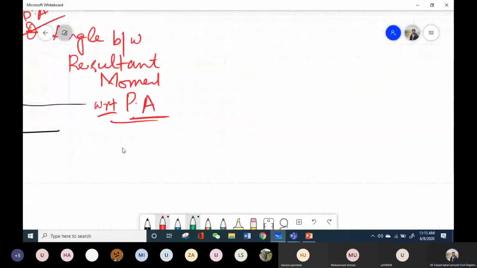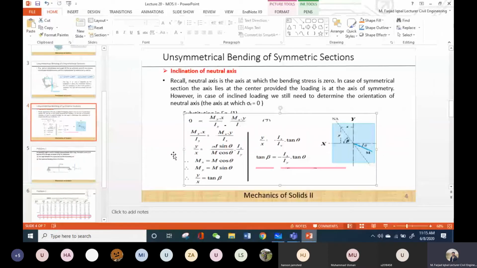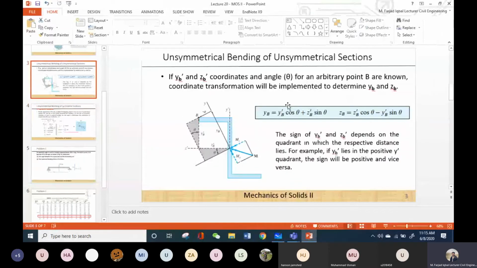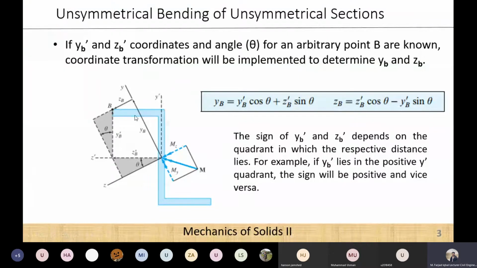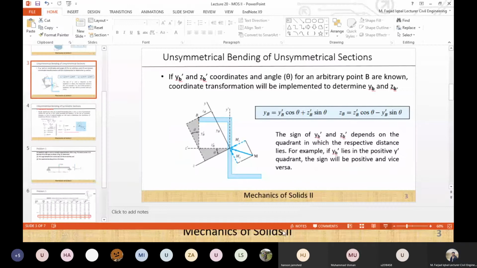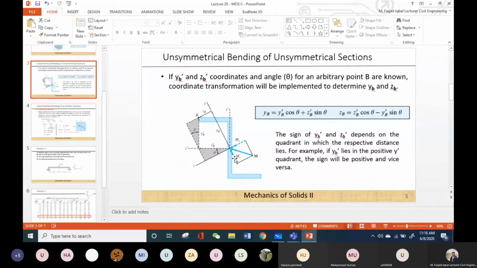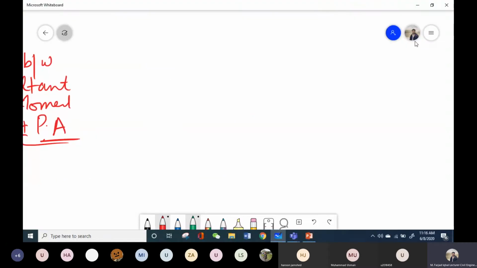So in the next derivation, which was about the calculation of the YB and ZB distances, this was the figure that we used. In this figure, just remember one thing: this angle theta is the angle of the principal axis with respect to the original horizontal axis, right?